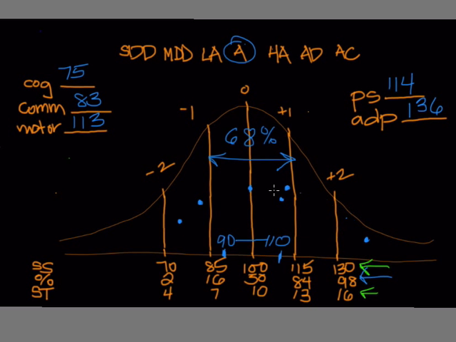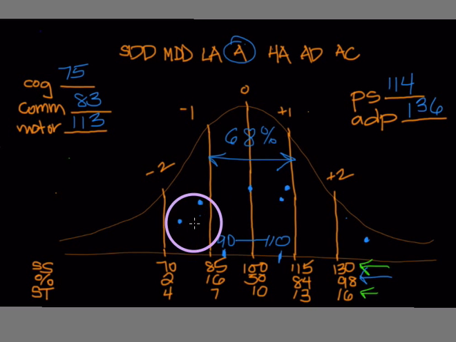Getting back to this child's scores, we've got two scores here and here. We've got a motor score and a personal social score that are almost a standard deviation above the mean, and they are slightly above average. And we've got an adaptive score that's way above the mean, more than 2 standard deviations above the mean at a standard score of 136.